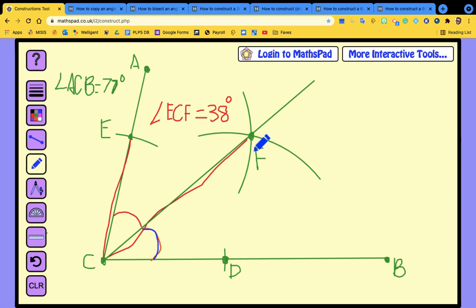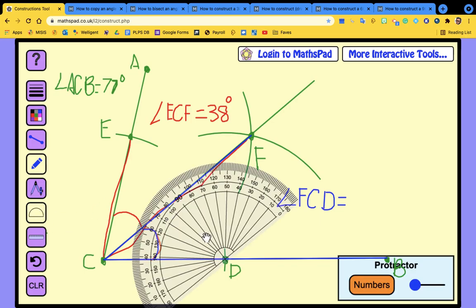So this blue one is F. Here, let me use this line instead. F, C, B. Or D, right? F, C, B. Or F, C, D, right? Angle F, C, D is equal to, well, how much is that?